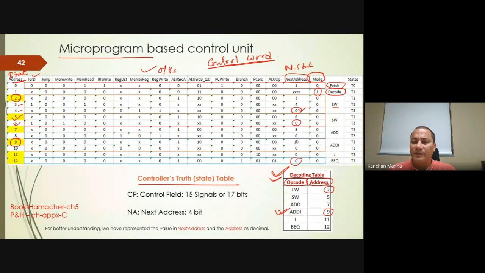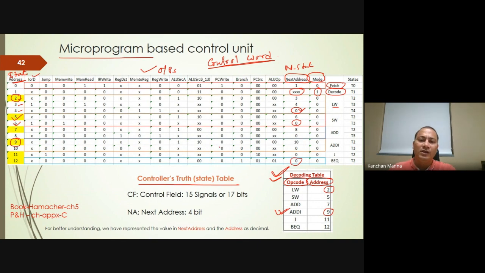Because of that, in this decoding control word we have a don't care state, because after the decoding, the controller will know the type of the instruction, and then it will start fetching the control word based on the opcode of that instruction.